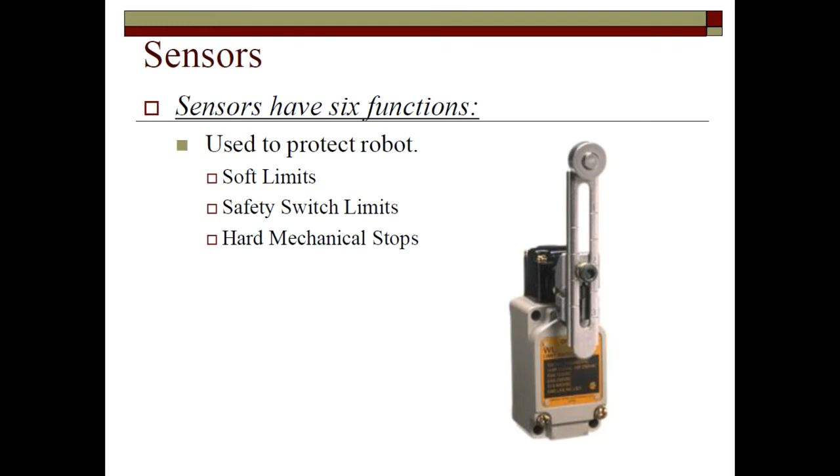Inside of the software, we can set up access limits that prevent the robot from moving too far in a certain direction. The robot knows what angle or rotation the arm is at, and if it goes beyond that, the software should stop it.